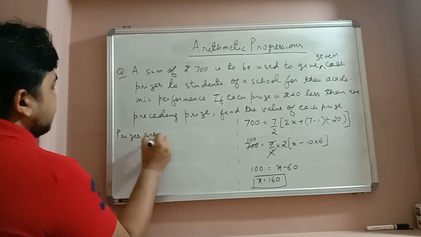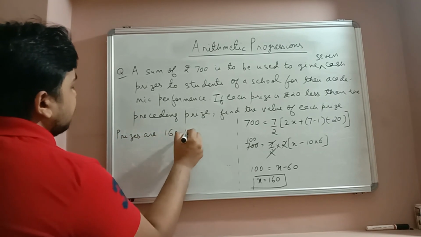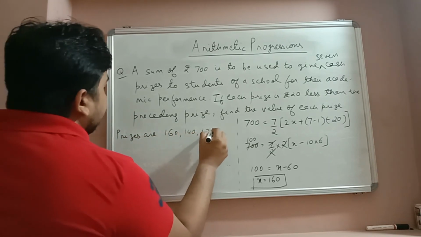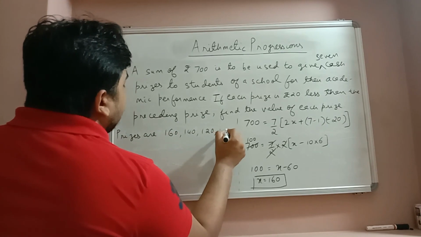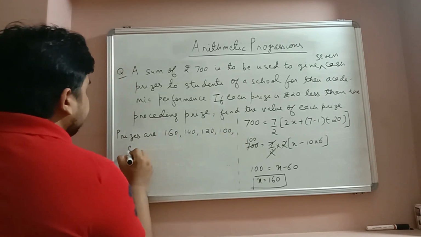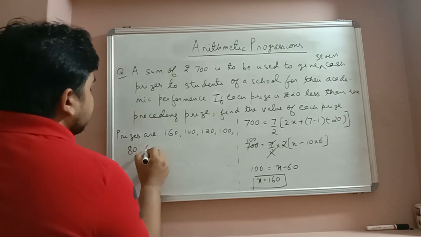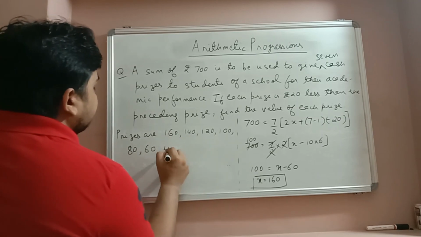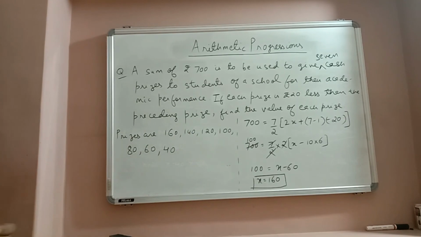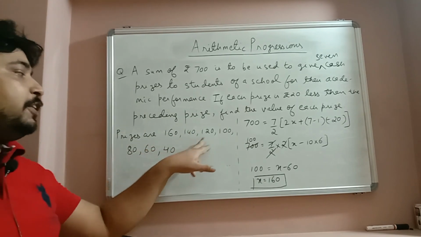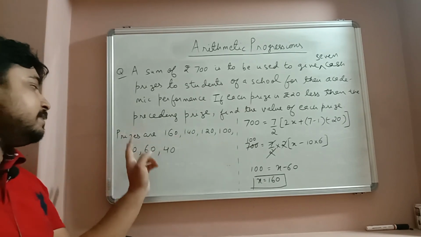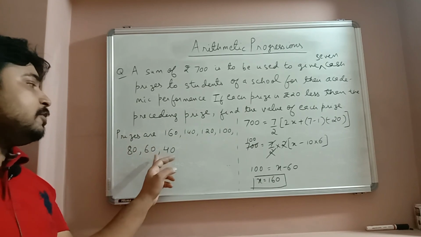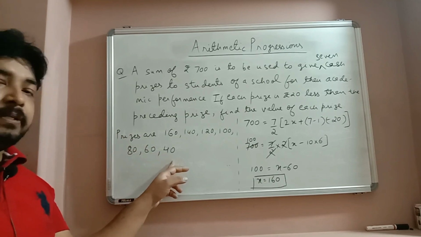So the prizes are 160, 140, 120, 100, 80, 60 and 40. So the prizes are 160 rupees, 140 rupees, 120 rupees, 100 rupees, 80 rupees, 60 rupees and 40 rupees.